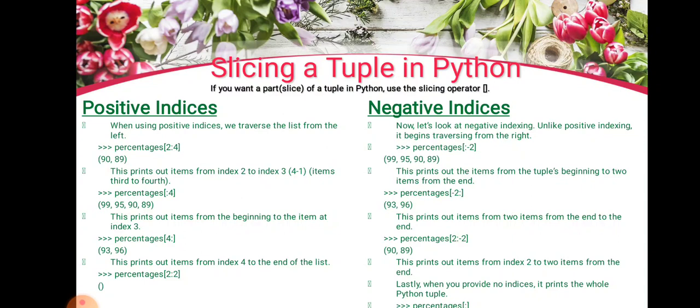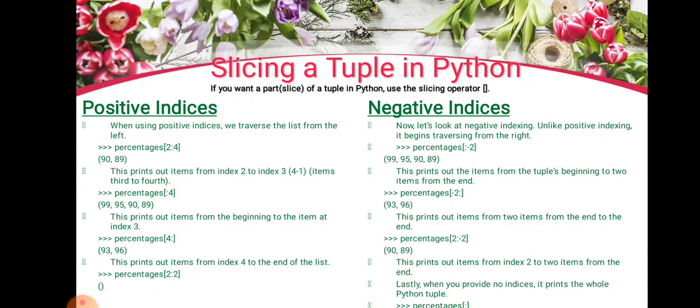The values at index 2 and 3 will be displayed, because 4 minus 1, that is 3, the n minus 1th element, will be printed. That is the nature of slicing. So here 90 and 89 are the elements at index 2 and 3, which are printed. This prints items from index 2 to index 3, that is 4 minus 1.